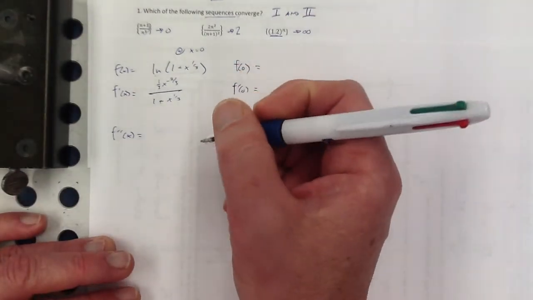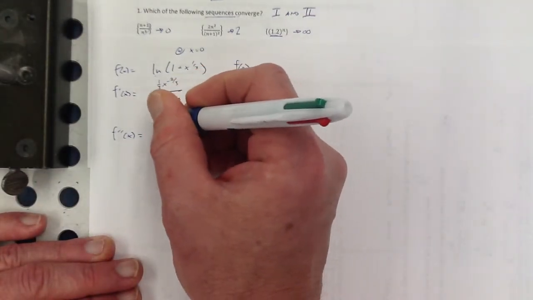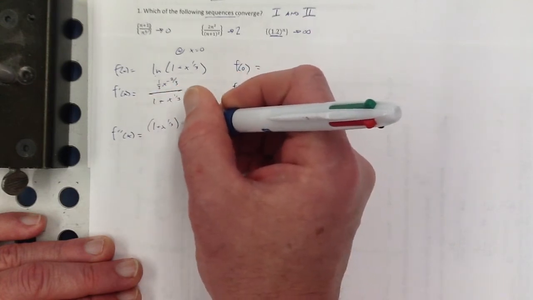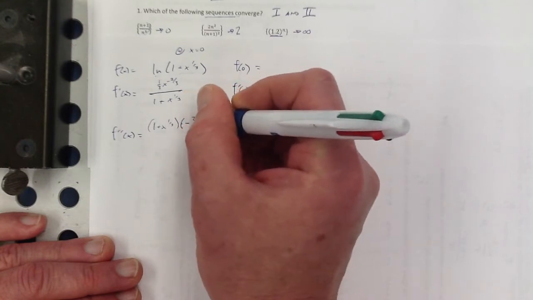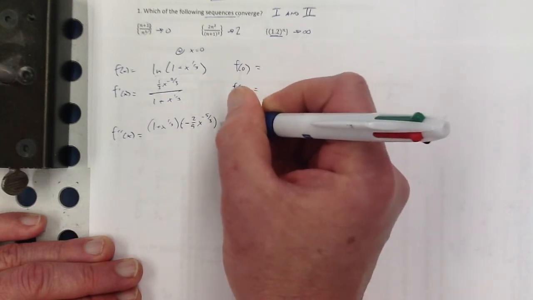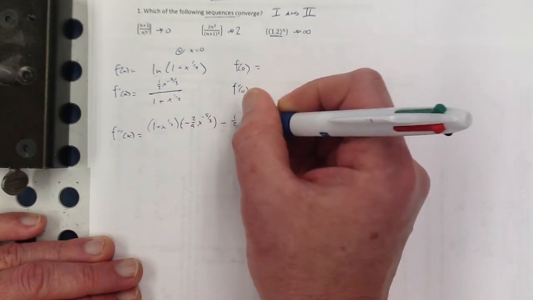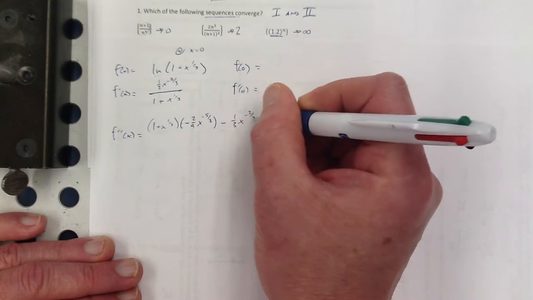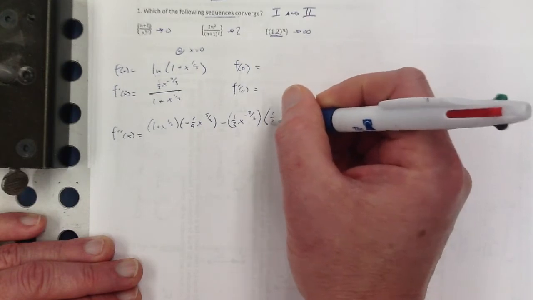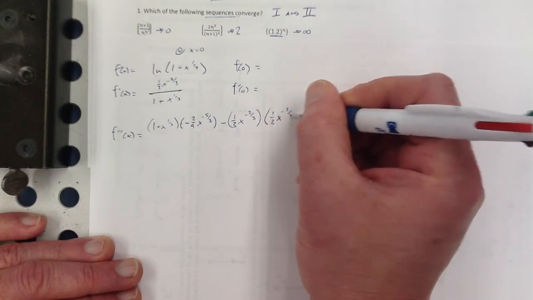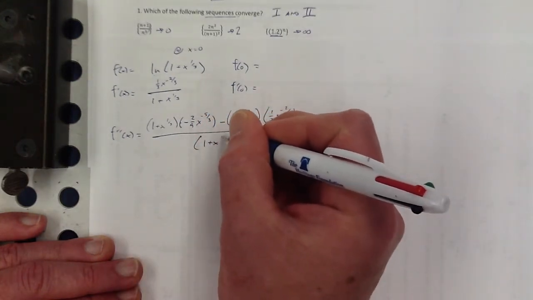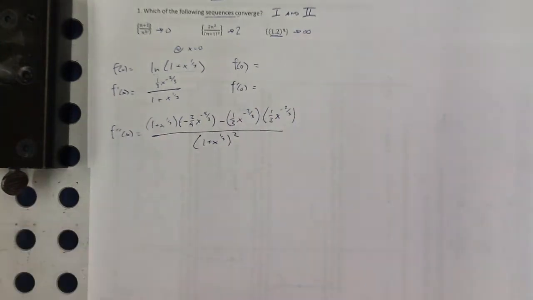So that's low d high minus high d low, all over low squared.